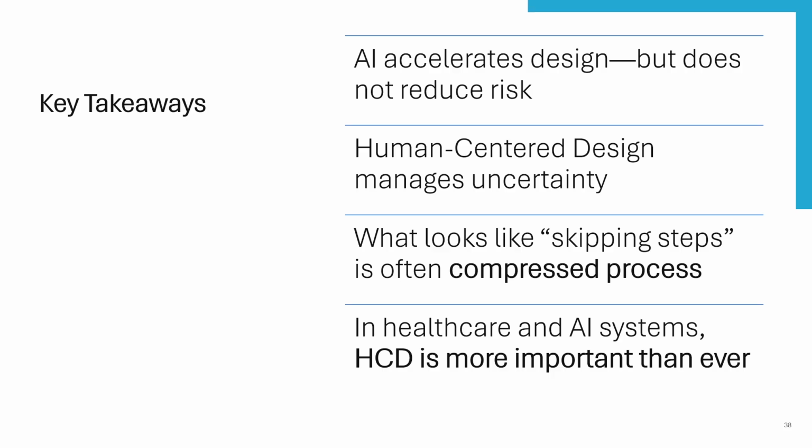Key takeaways: yes, AI is going to accelerate the design, but not reduce the risk. Human-centered design is there to manage that uncertainty. What looks like skipping steps is because we are compressing or making things faster. And in healthcare and artificial intelligence systems, human-centered design is more important than ever.